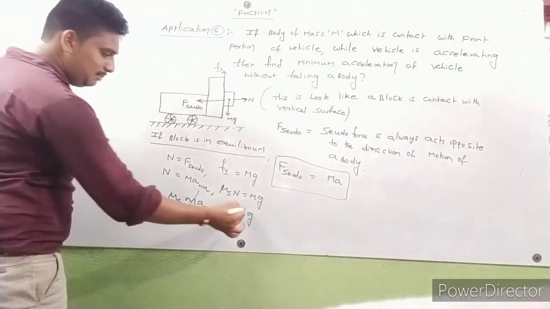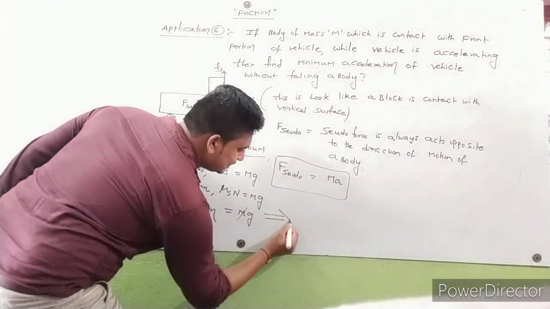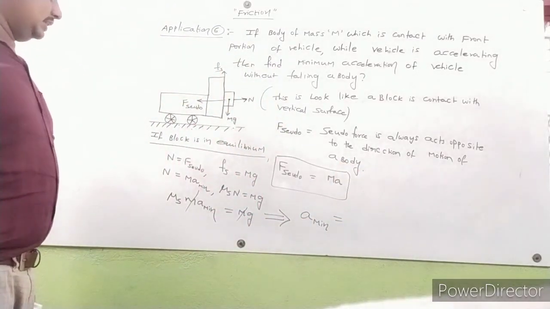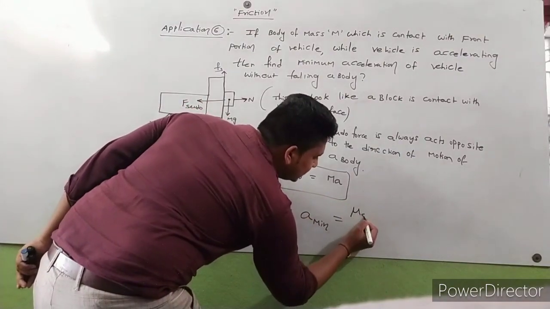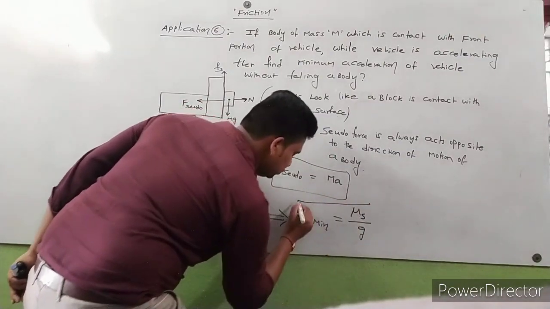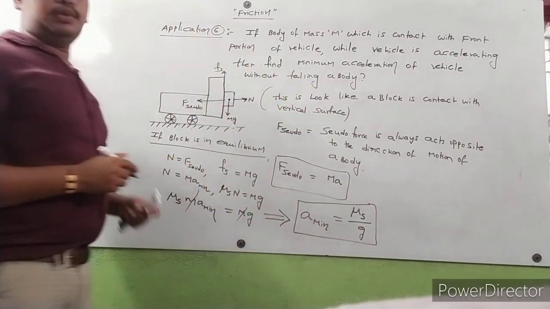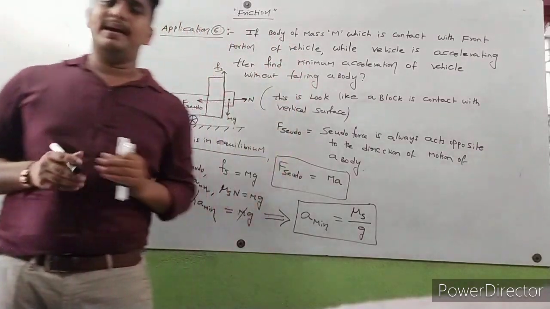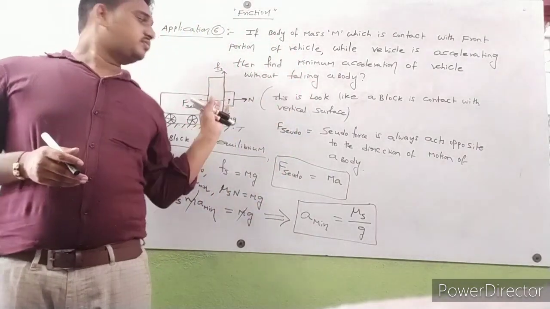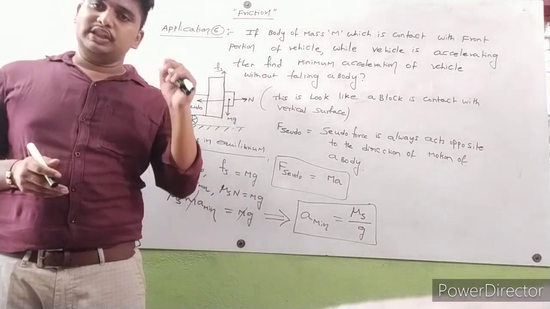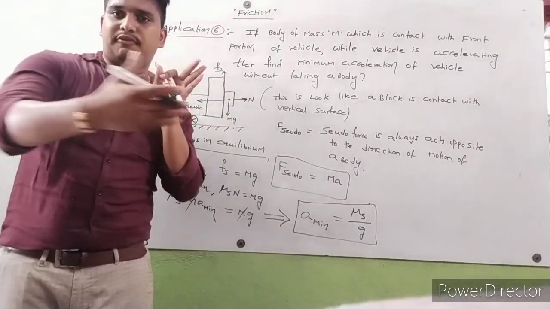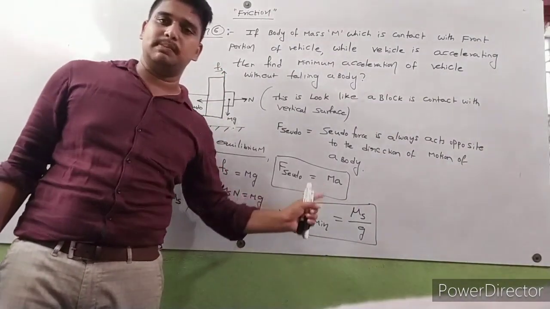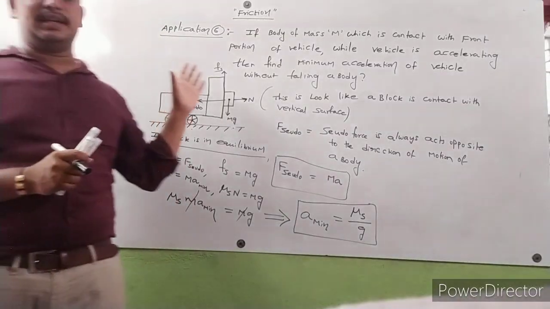Here m is cancelled, so the minimum acceleration is a minimum equals g by mu_s. So this is the minimum acceleration required for the vehicle without the front-attached block falling. This is application number 6.